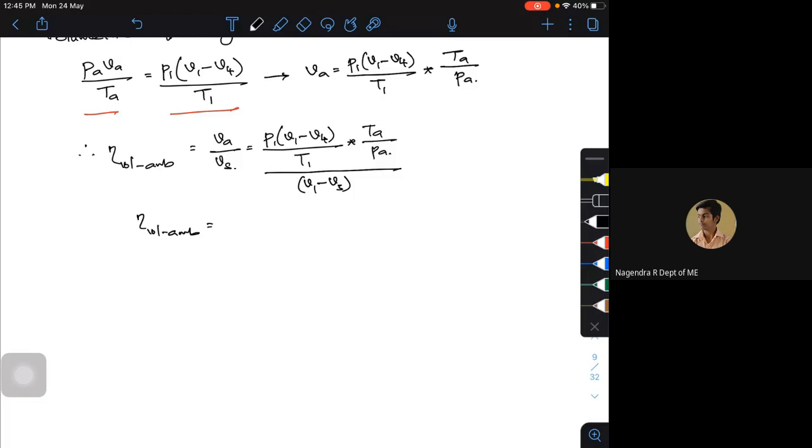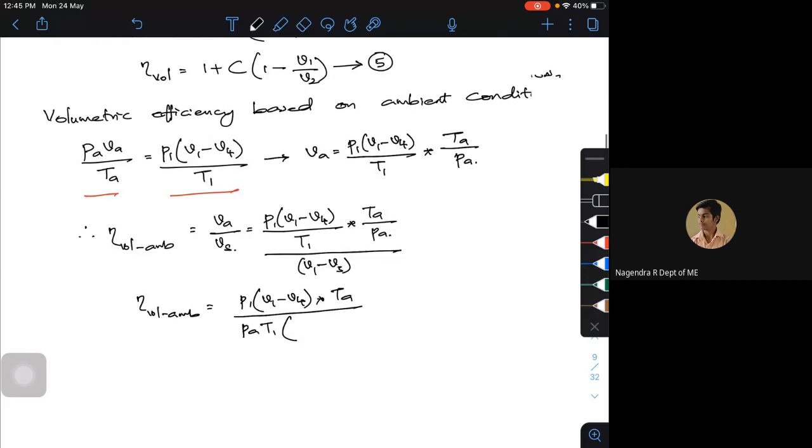Now if we substitute this and simplify, we have P1 into V1 minus V4 into TA divided by PA into T1, divided by V1 minus V3.